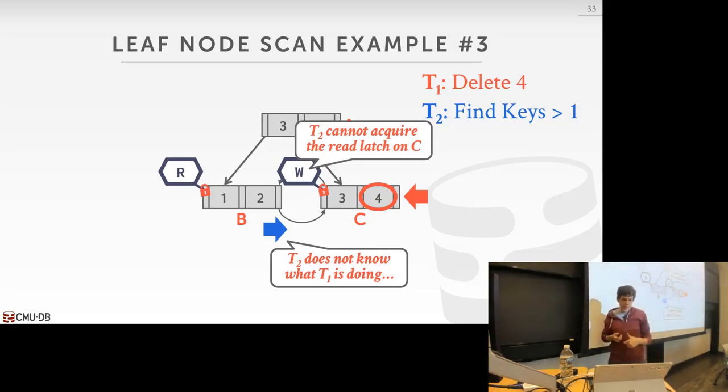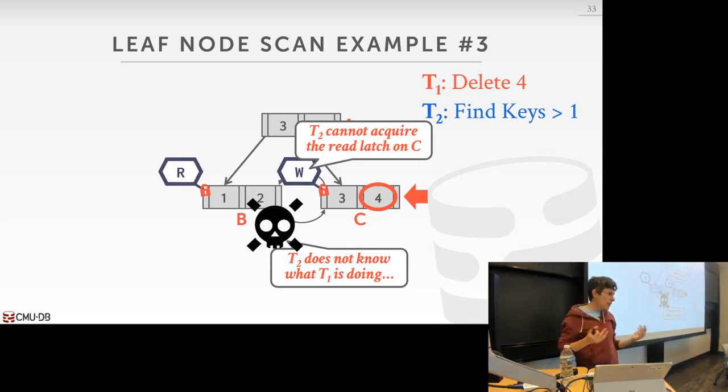So the simplest thing turns out to be the best thing: we say we don't want to live anymore, and we just abort and kill ourselves, and restart the operation. This is the fastest thing to do because these latches are super dumb. There's no information about who's holding them and what they're doing. So rather than try to reason about anything, we just want to immediately stop what we're doing and restart. And assuming by the time we come back, the latch we wanted is now available.